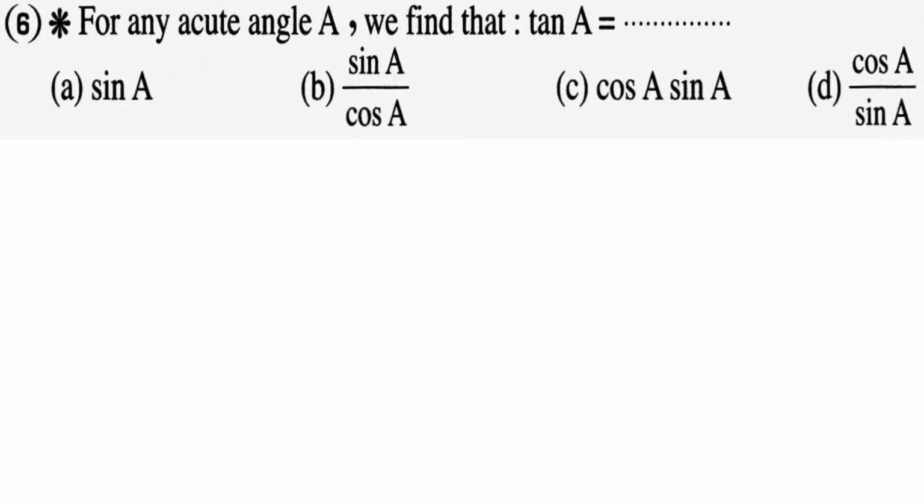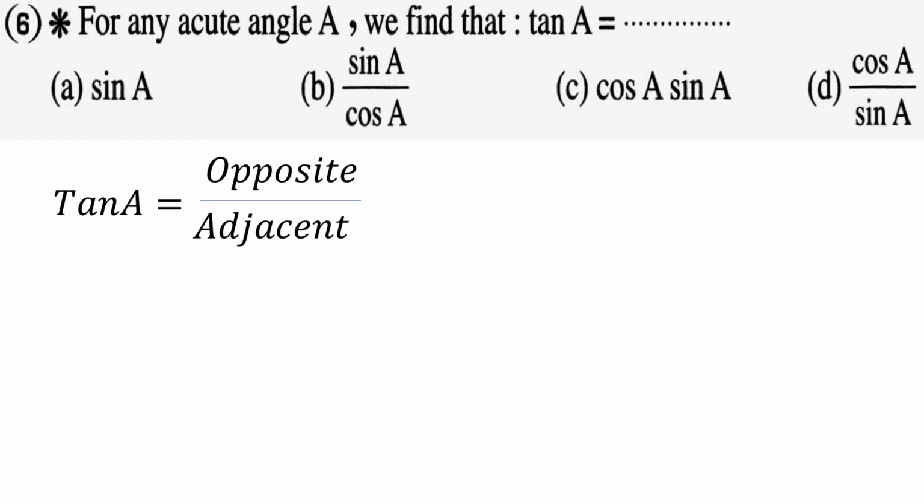Question number 6 says, for any acute angle A we find that tan A equals what? Let's see the rule of tan A. It is opposite over adjacent. Let's try our choices. The first choice is sine, which is opposite over hypotenuse, so it's not the choice. Let's go to choice B and check.